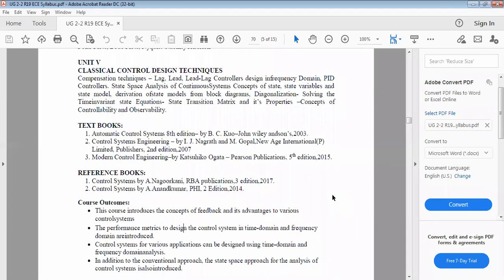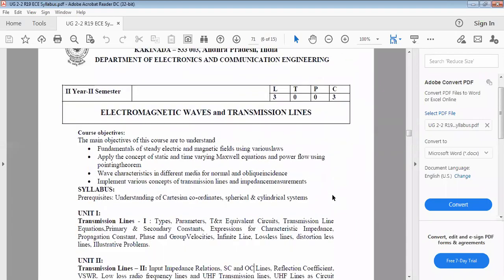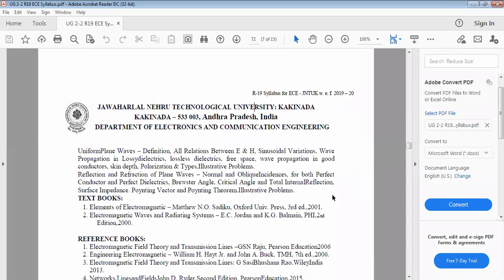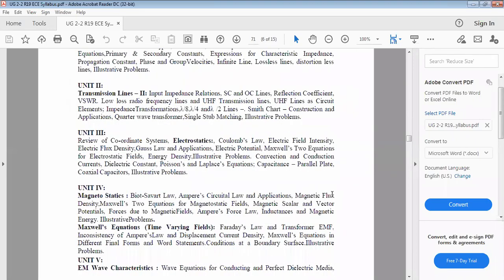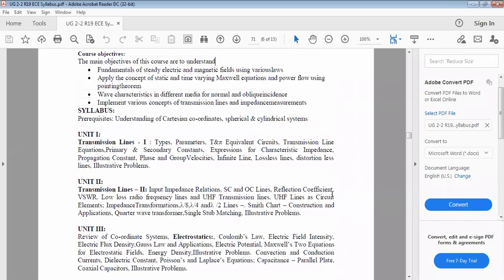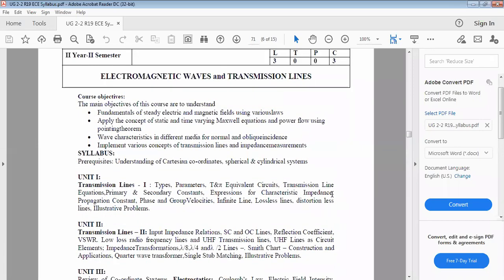These are the contents available in electromagnetic waves and transmission lines. I want to give the introduction of that subject.